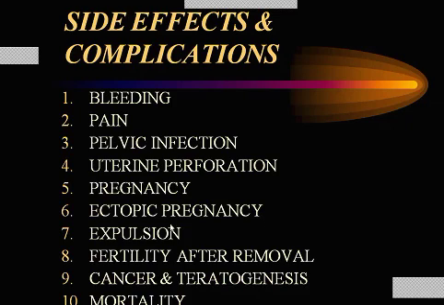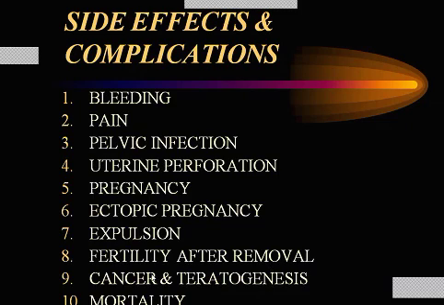It's not in the uterus, or it is misplaced somewhere in the tubes or below the uterine cavity, in the cervix, or sometimes pregnancy may also occur. And ectopic pregnancy, and we can expect expulsion also.